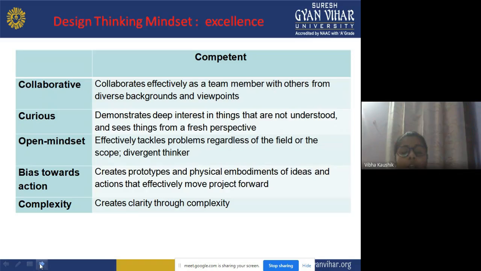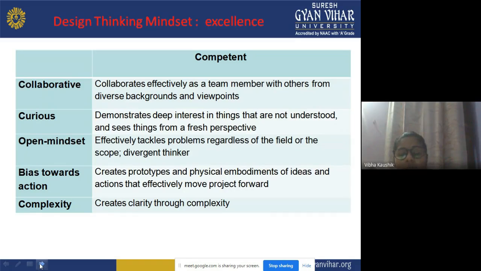And when we are talking about creative thinking, you have to think of different or various solutions to a problem. Open mindset, effectively tackle problems regardless of the field or scope. Divergent thinking.